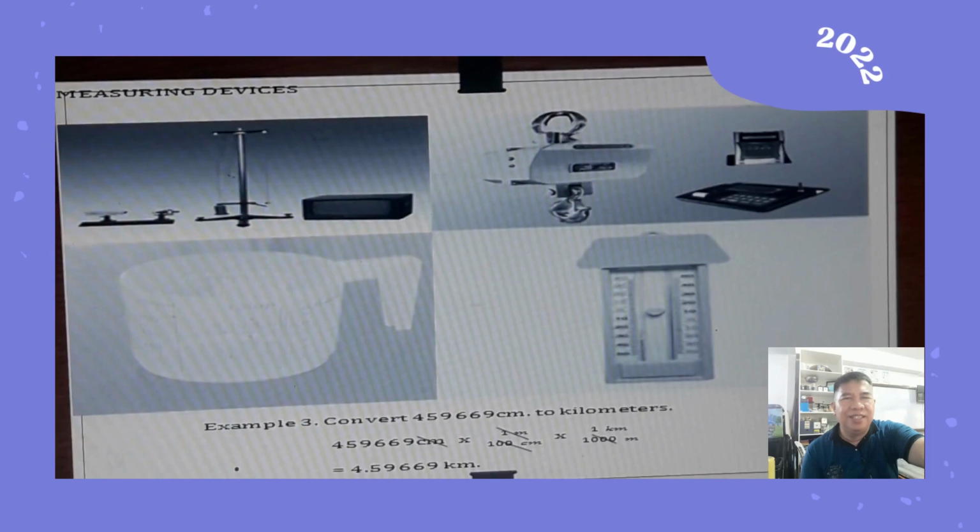Since the ratio between centimeters to kilometers, the distance, we know that 1 meter is equivalent to 100 centimeters and 1 kilometer is equivalent to 1,000 meters.